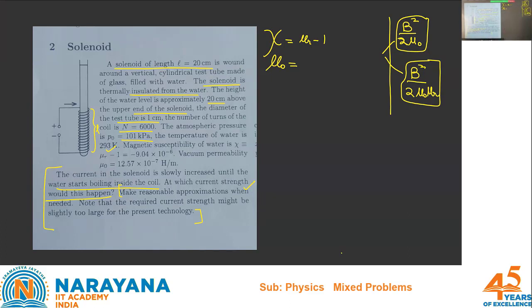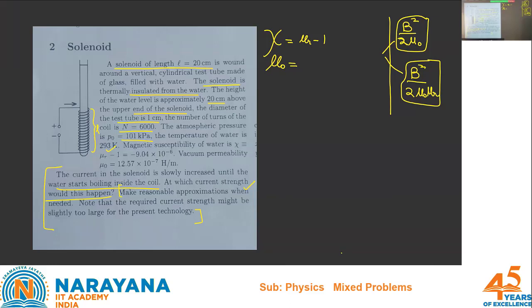So when you think about Bernoulli terms, think about them at 2 points inside a fluid. You're talking about pressure energy P per unit volume, rho GH, the gravitational potential energy per unit volume, and half rho V square. And additionally, in this problem, I will talk about the magnetic energy per unit volume.